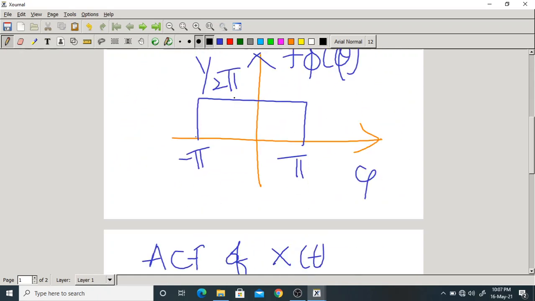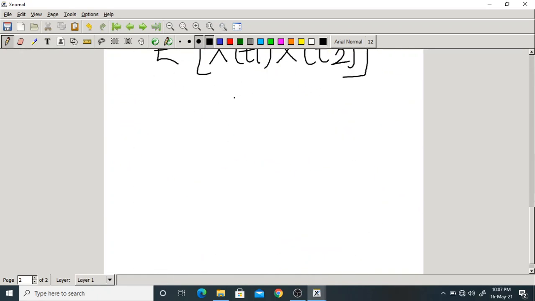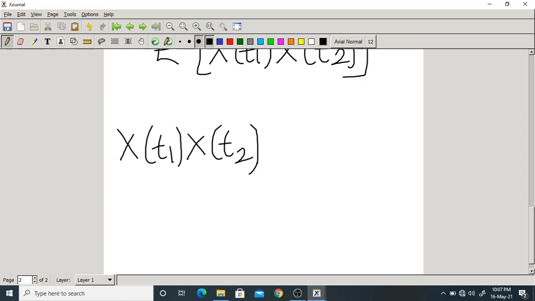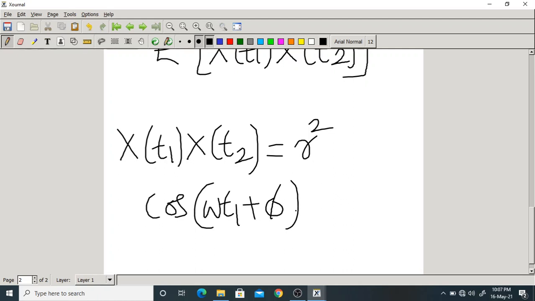Can you guess x of t1 into x of t2? What do you get? You get r square into cos(omega t1 plus phi) into cos(omega t2 plus phi).